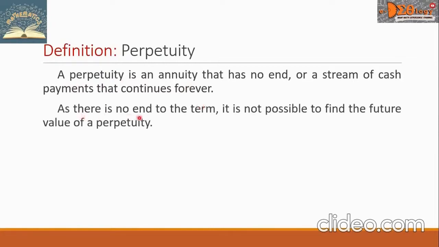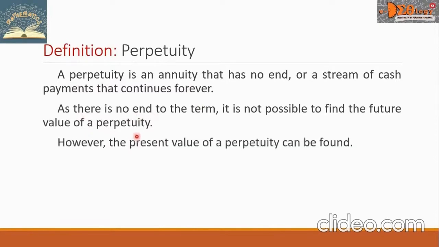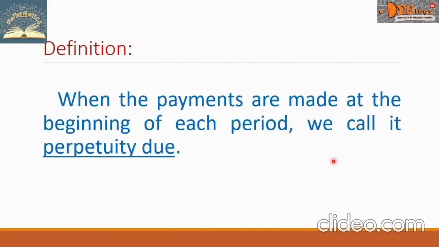As there is no end to the term, it is not possible to find the future value of a perpetuity. However, the present value of a perpetuity can be found. When the payments are made at the beginning of each period, we call it perpetuity due.